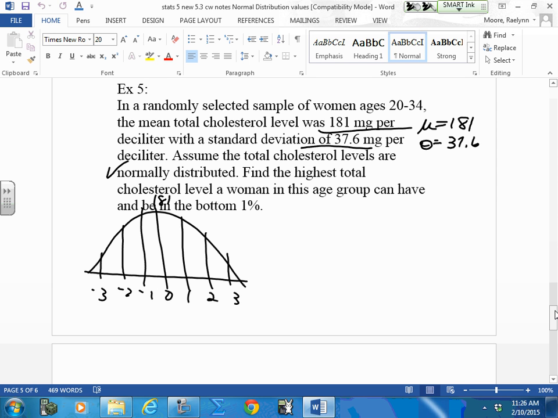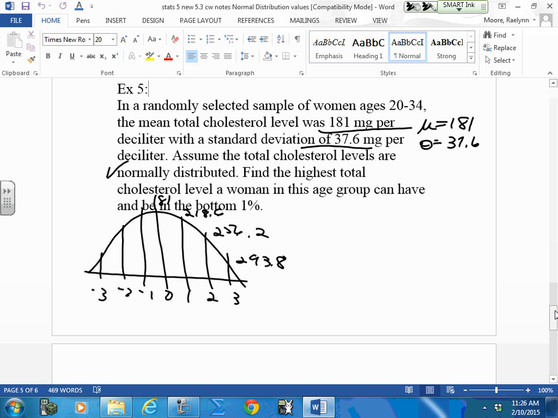So we're going to put this all the way up. This is some really high cholesterol levels. And then we're going to come all the way down.